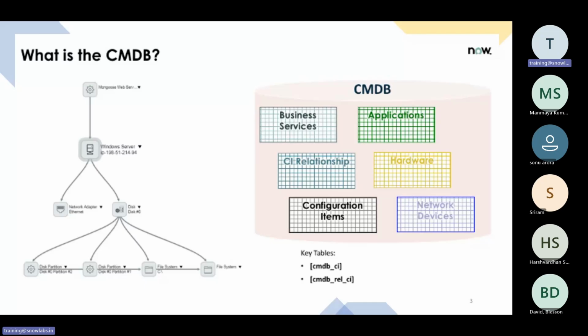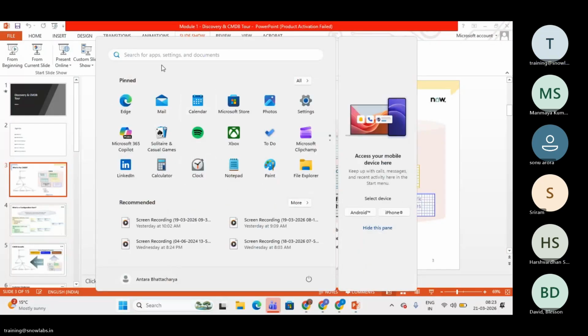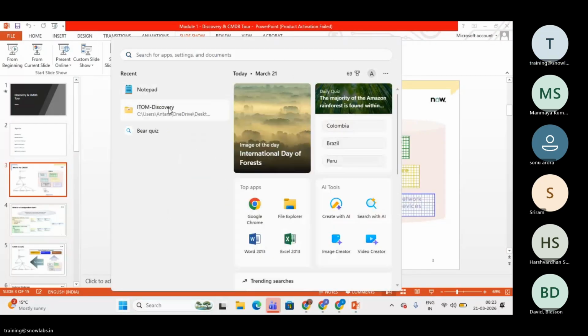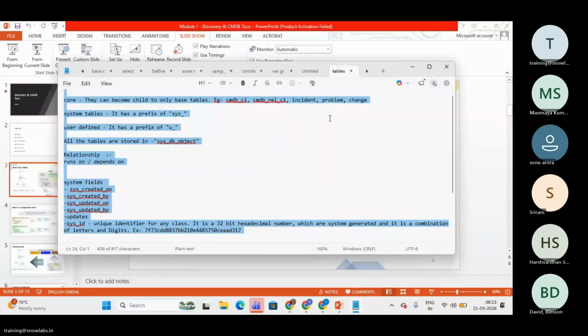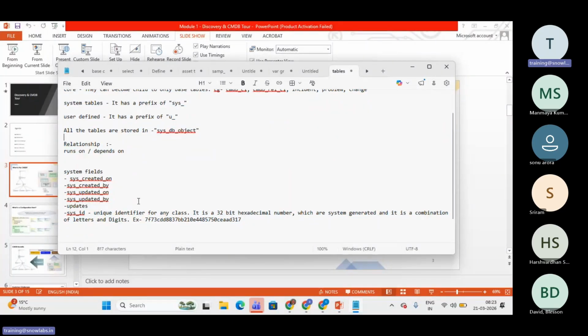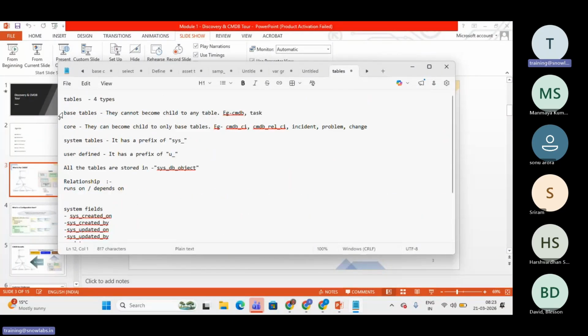Base tables, let me do that. Okay, we have this. Base table, I'm highlighting this. Base table and core tables, we are only interested in these two. So base tables are those tables that cannot become child to any table, for example, CMDB and task.